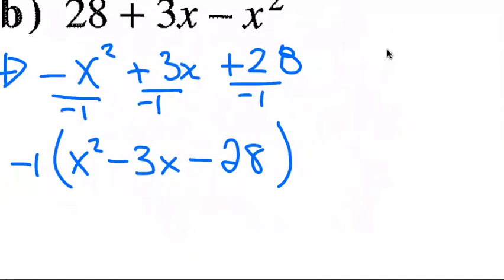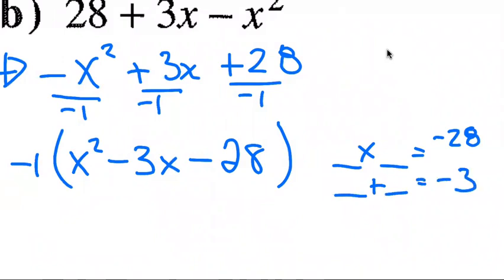Look for two numbers that multiply together to give -28, add together to give -3. This tells me that one of my numbers has to be negative, and that the bigger of the two numbers is negative and the smaller one is positive.